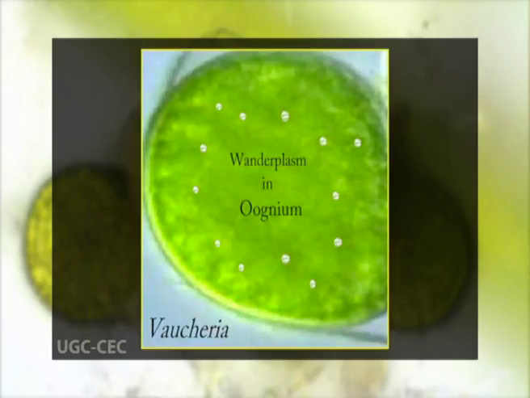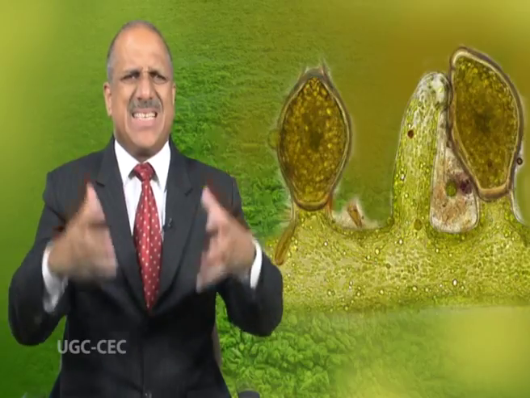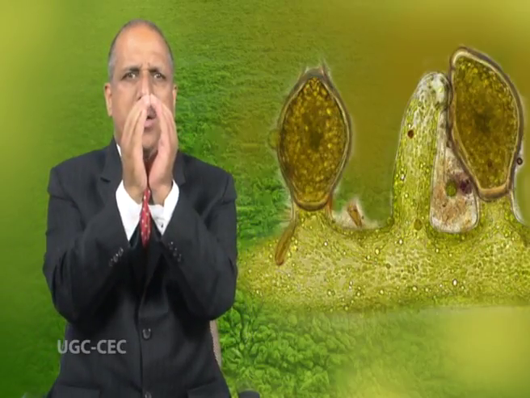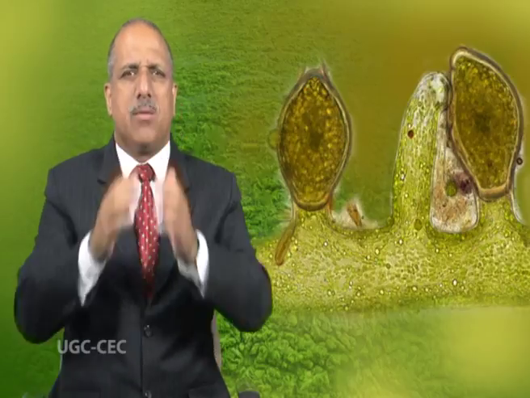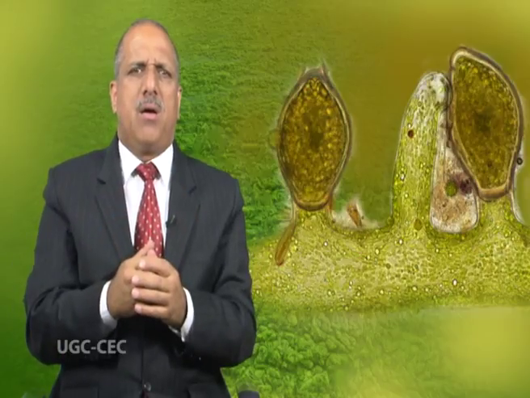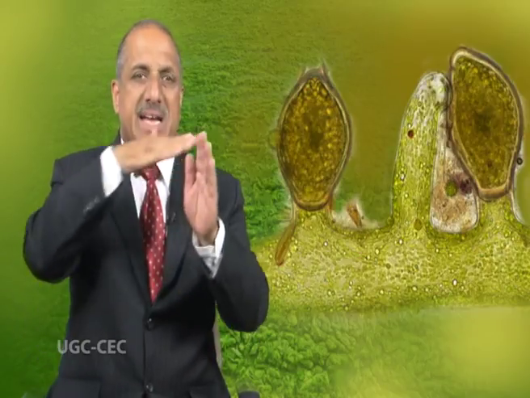The dense multinucleated mass of cytoplasm thus formed is called wanderplasm. It gradually increases in size and forms an ovoid or rounded oogonium. The oogonium is separated from the subtending filament by a septum.